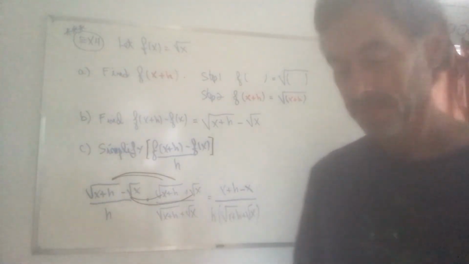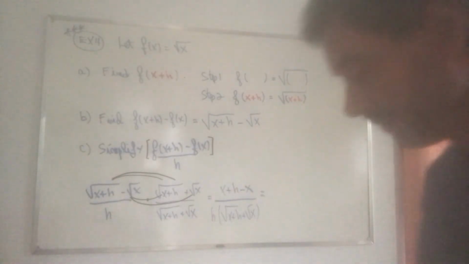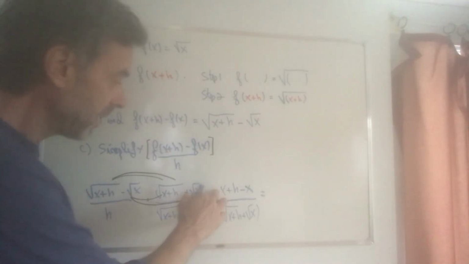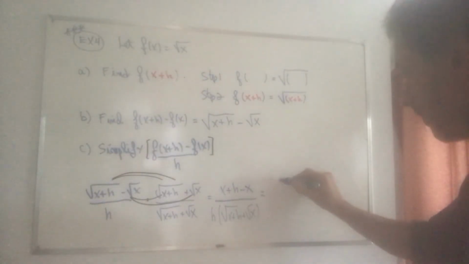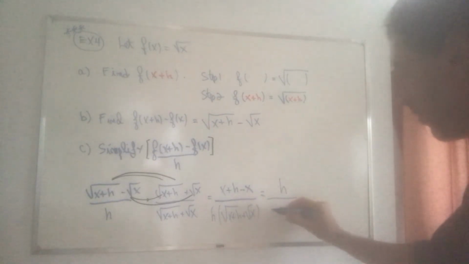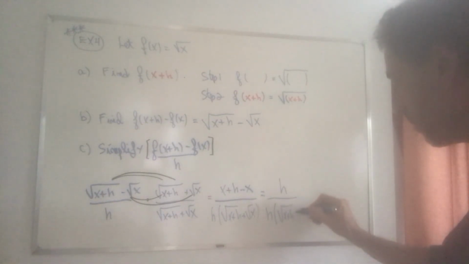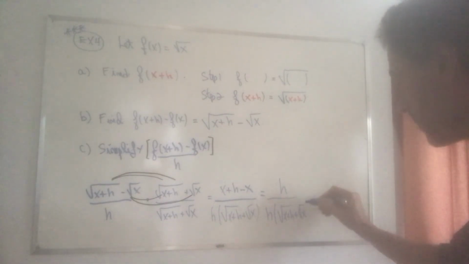Yes? You still with me? Okay. Do I have some cancellations in the numerator? I believe I do. X minus x is gone. So this is just h over h root of x plus h plus root x. What happens to the h's?